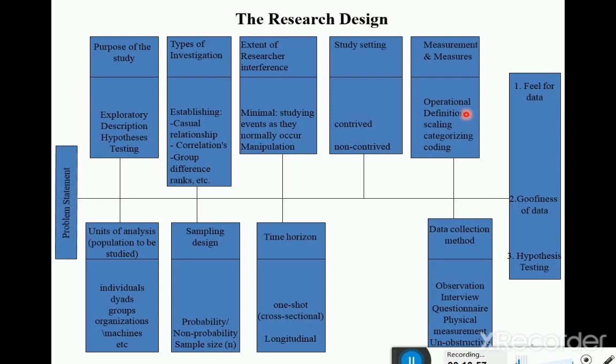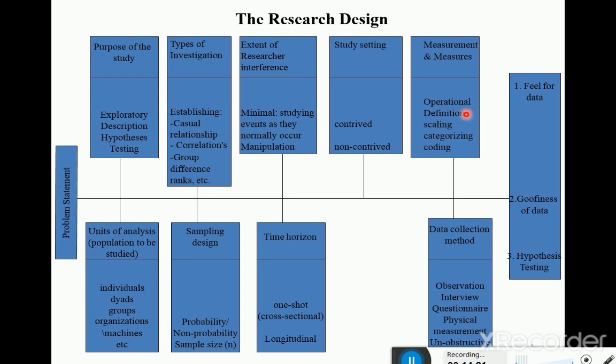Abstract in nature simply means we don't have the capacity to measure them directly. Like height, weight, mass, these are variables that are directly measurable.